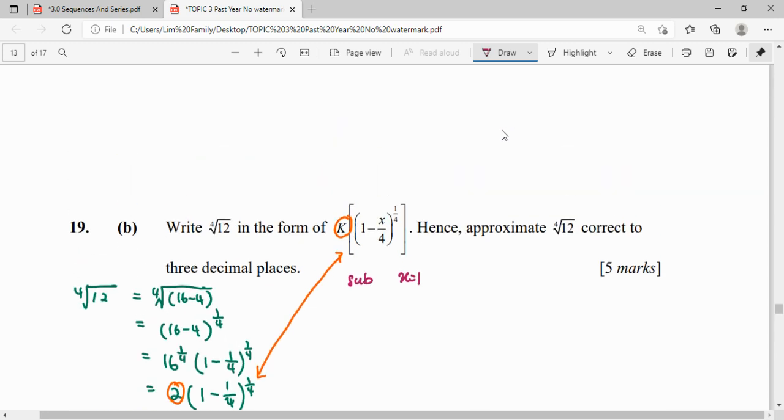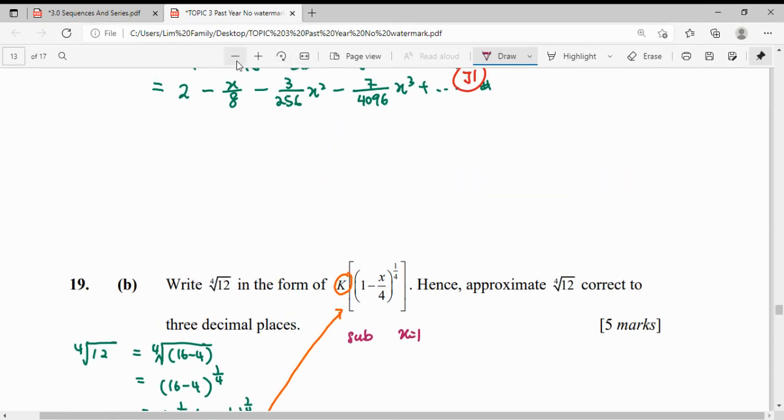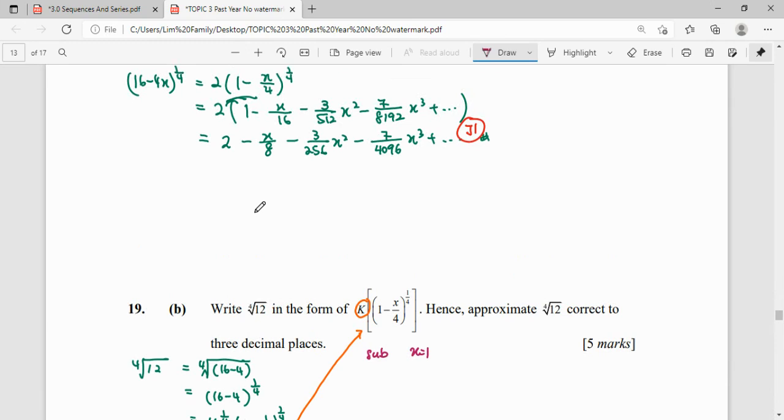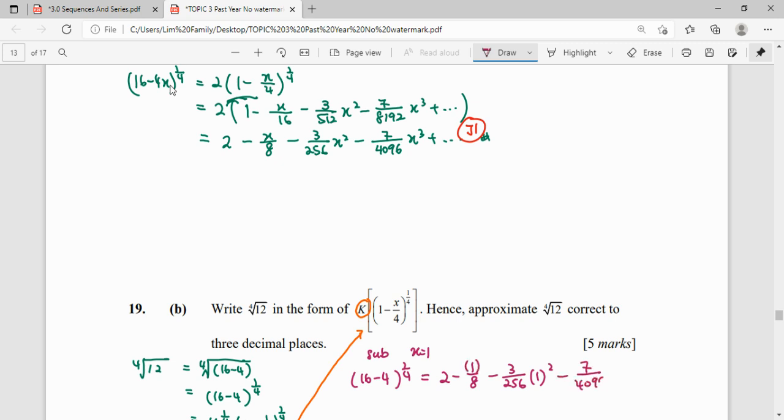Substituting 1, it becomes 16 minus 4 to the power of 1 over 4 equals 2 minus 1 over 8, then minus 3 over 256 times 1 squared, and then minus 7 over 4096 times 1 cubed.